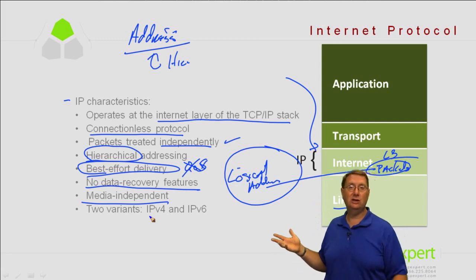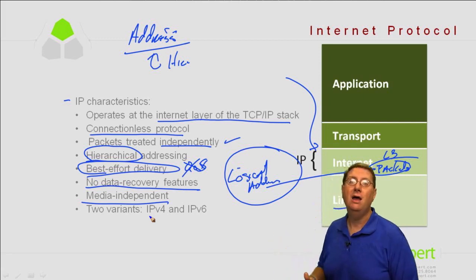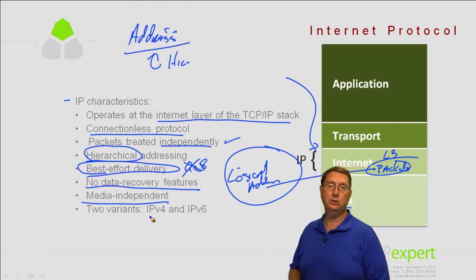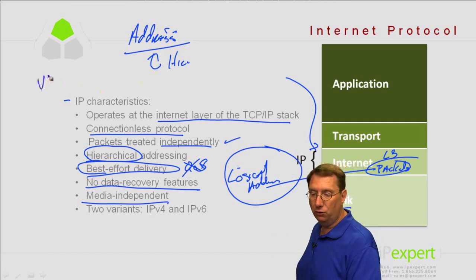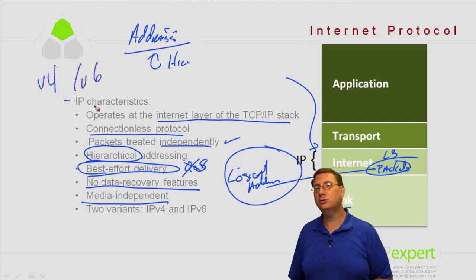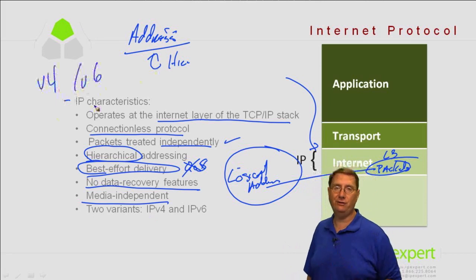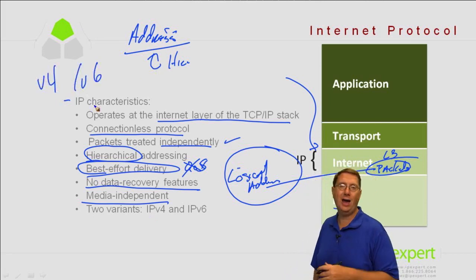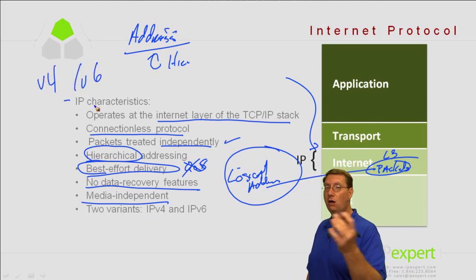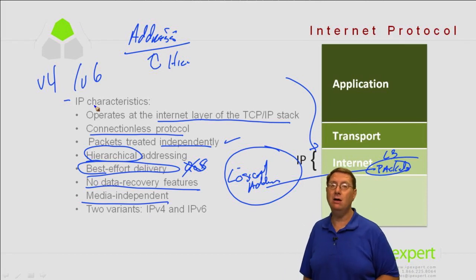The last thing here is that we need to understand that our IP protocol comes to us in two flavors. We have version 4 and we have version 6. IP version 6 is making a huge burgeoning effort into the majority of networks. In fact, I know half a dozen engineers who are traveling all across the United States right now implementing version 6 conversions from version 4.